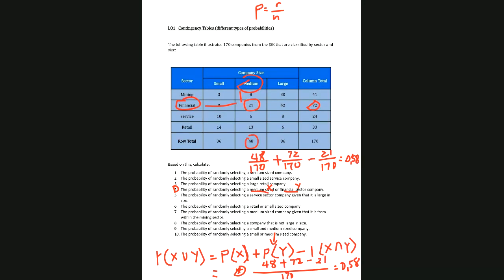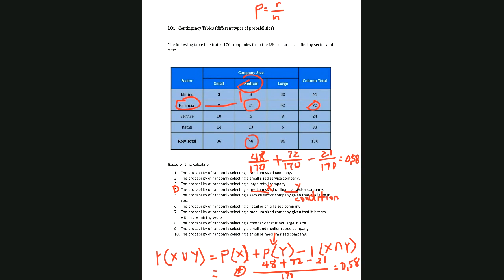Then we have question 5, which says the probability of randomly selecting a service sector company, given that it is large in size. So the moment we see the word given when it comes to these general basic probability calculations, it immediately signals to us that it is a conditional probability, meaning that there is some sort of condition in place saying to us that our sample size is now going to change.